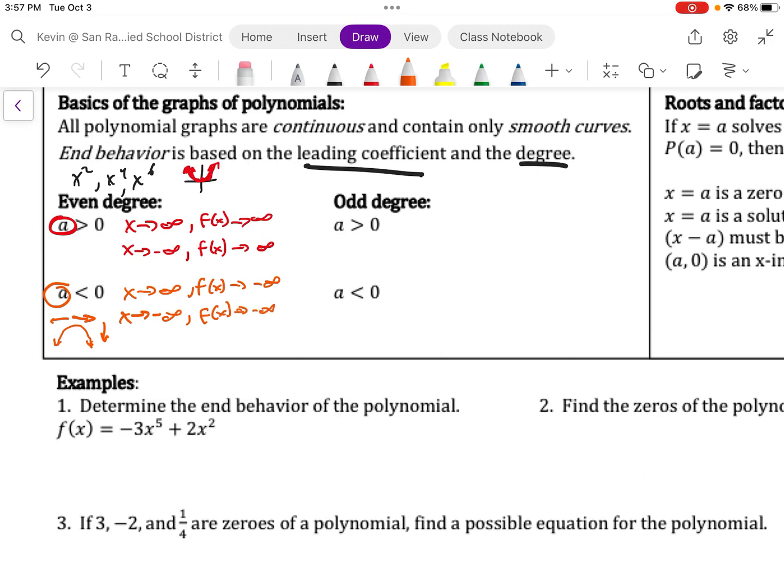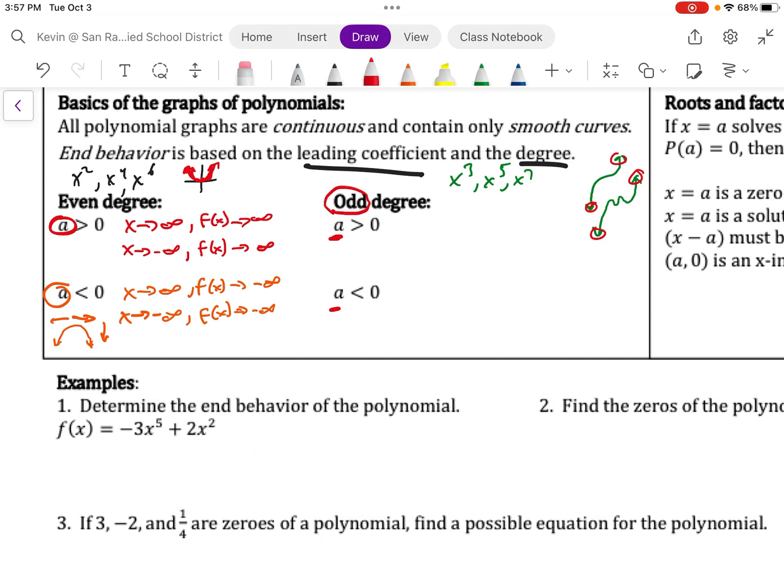Coming over here to our odd degree, so this is not x squared, but x cubed, x to the fifth, x to the seventh. You might be familiar with this with a cubic. A cubic looks something like that. If it's x to the fifth, again, that end behavior stays the same. It's just what happens in the middle that changes. The end behavior depends on two things: if the leading coefficient is positive, and if it's an odd degree.